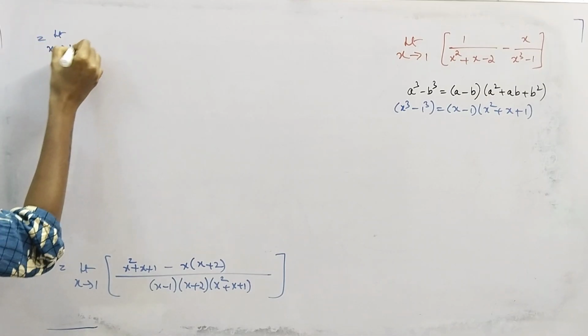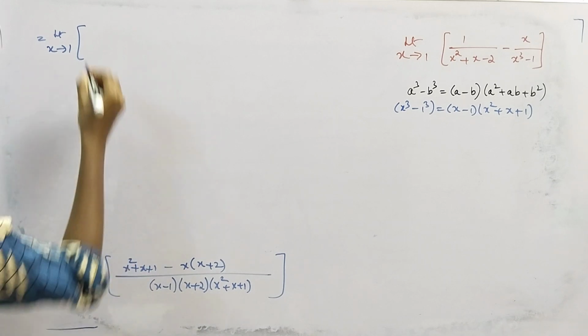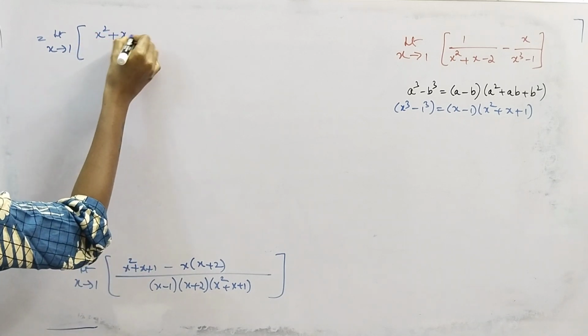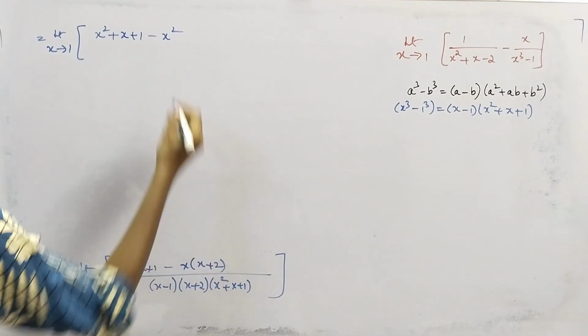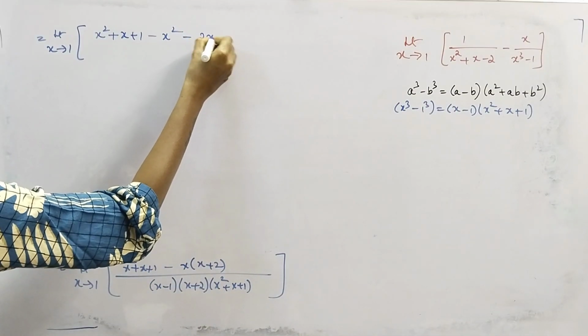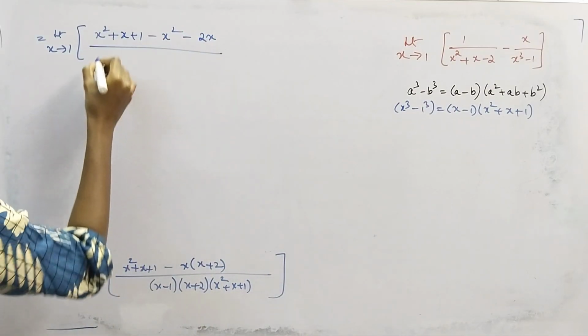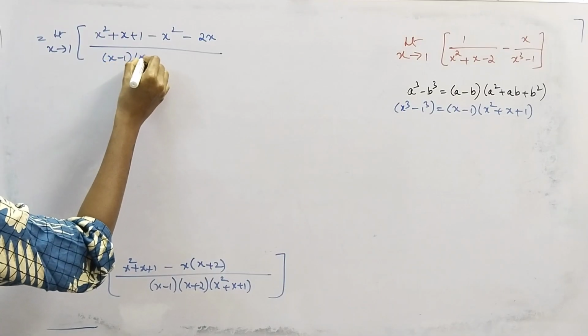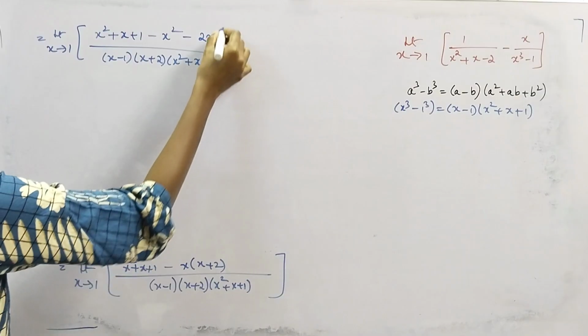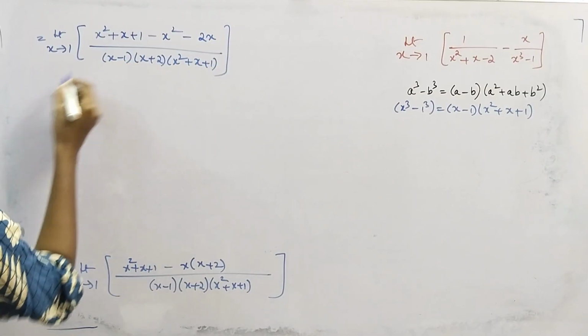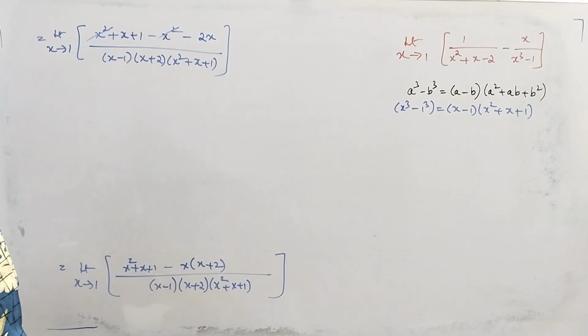Limit x tends to 1 of (x square plus x plus 1 minus x into (x plus 2)) by (x minus 1) into (x plus 2) into (x square plus x plus 1). Here x square and minus x square get cancelled, right?